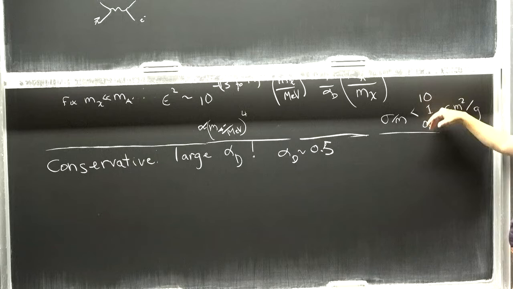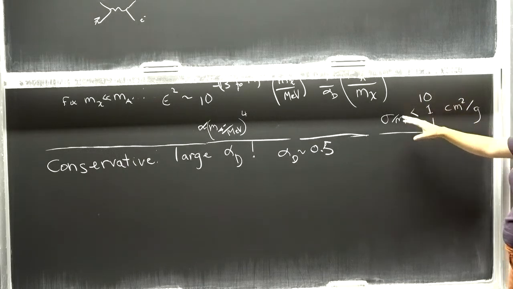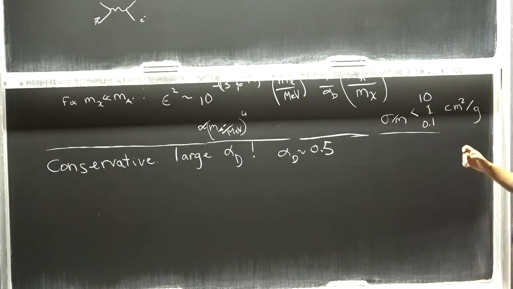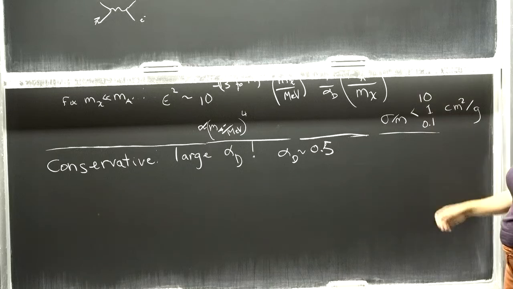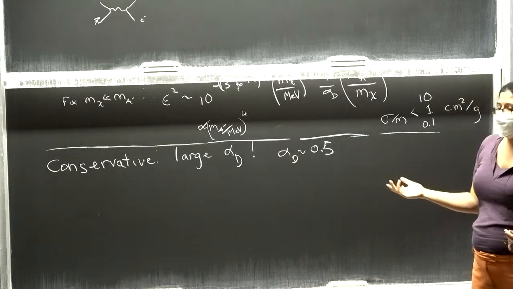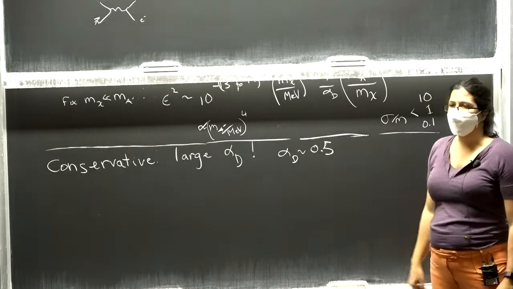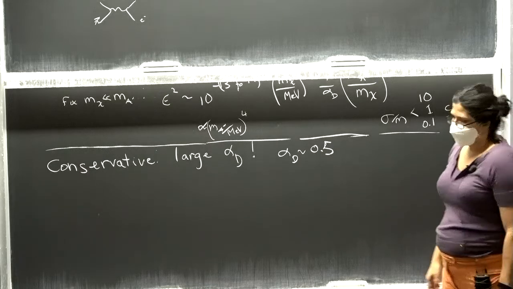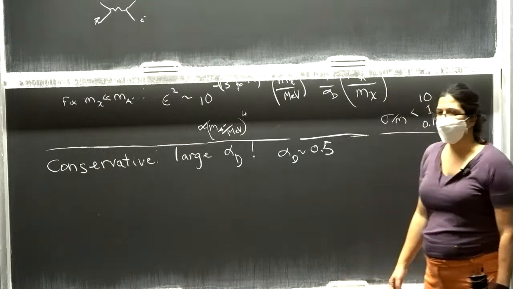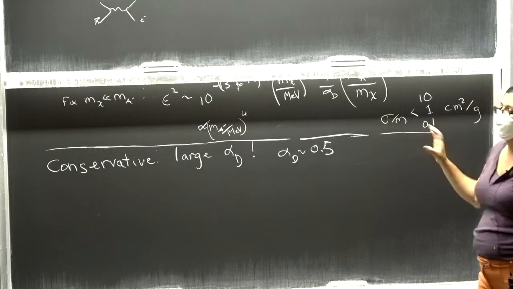So this is a complicated astrophysical modeling question, and there is still some uncertainty and debate over what the right cutoff here should be. But Stefania's right that if you take, for example, 1 centimeter squared per gram and MeV dark matter with a 3 MeV dark photon, you're going to get an alpha dark constraint that's a little tighter than this. I think there's also a prevailing attitude that these constraints are probably legitimate, but we want to have a terrestrial probe all the way to alpha dark 0.5 anyway.